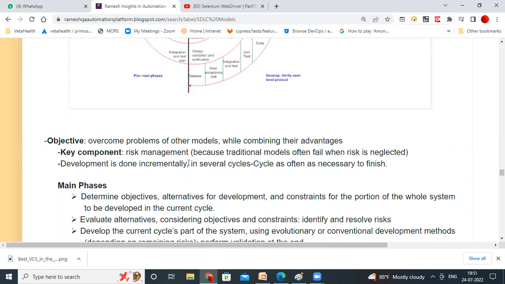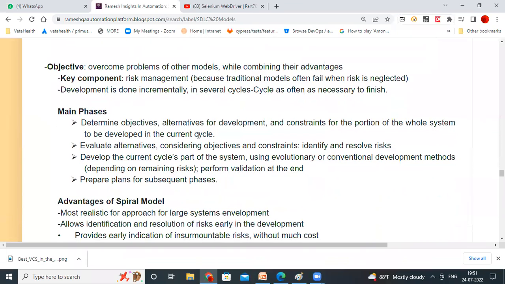The main phases in this are, so you will determine the objectives, alternatives for development, and constraints for the portion of the whole system to be developed in the current cycle. Then you will evaluate the requirements, and you will consider what all the other alternatives are. So you will identify and resolve those risks.